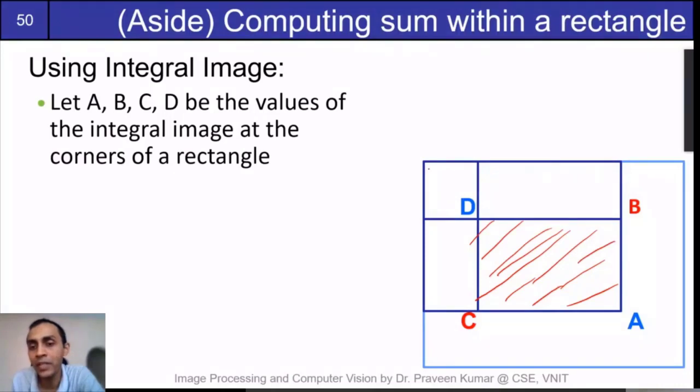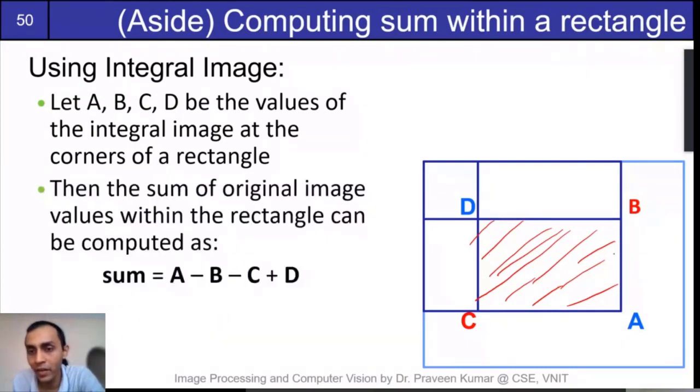So you have an integral image, where at every location we have stored the sum of all the values above it and towards the left of it. We are interested in finding the sum of values in this rectangle ABCD. You can calculate this sum with two subtractions and one addition of the integral image values.